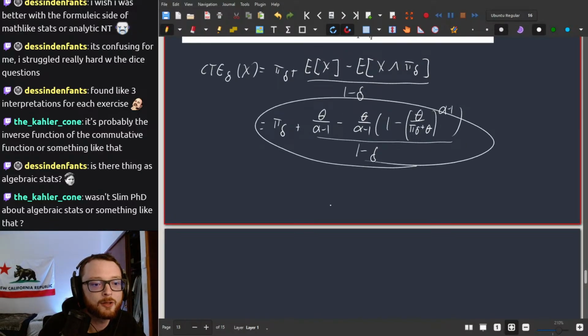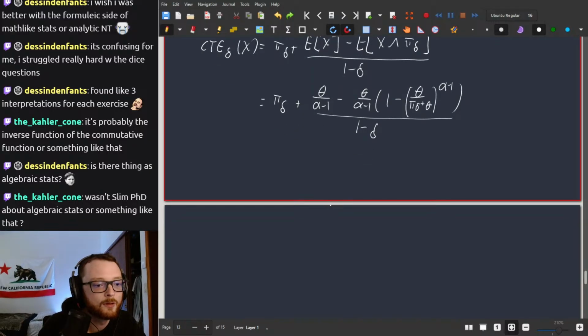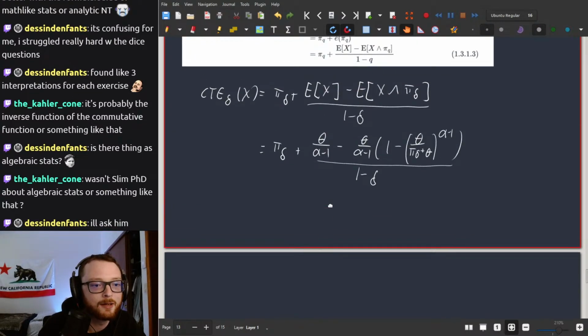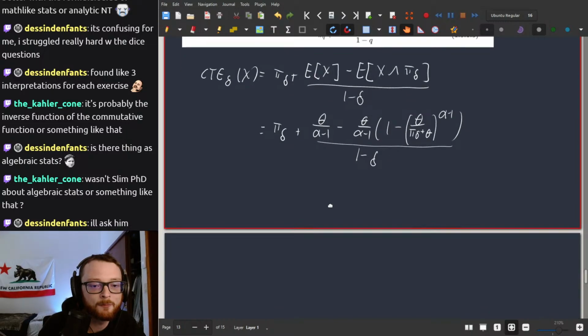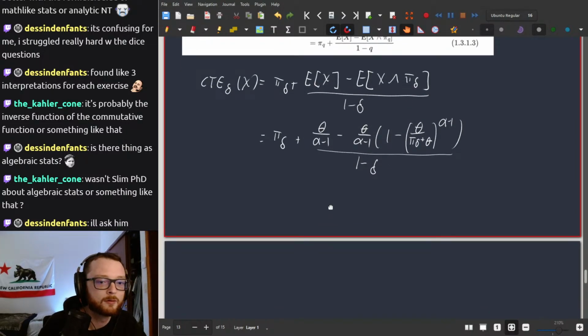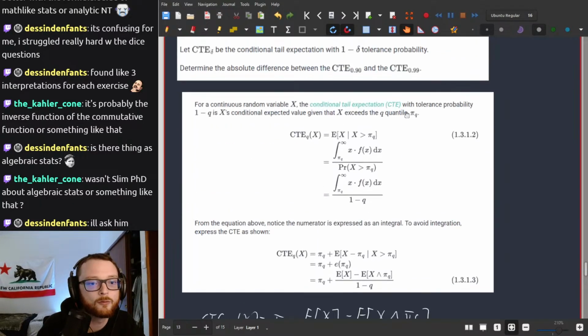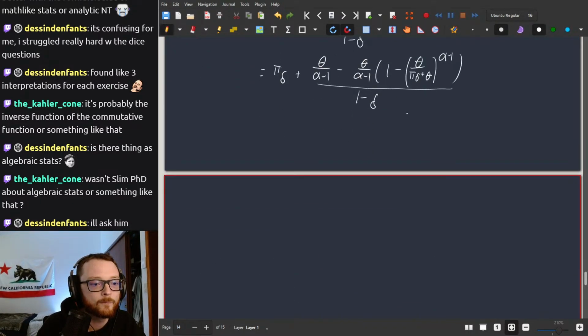So we have this formula here. We should actually plug in some numbers already. So pi sub delta, just let that be. Well, okay, this is a pain. Can I make Wolfram Alpha do this for me? Basically they want the absolute difference of CTE 0.90 and CTE 0.99.